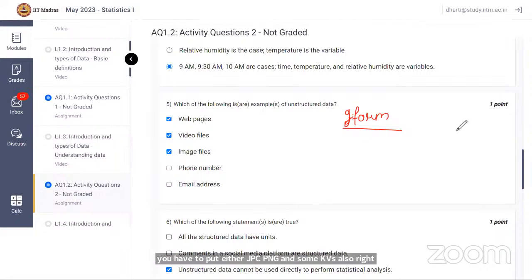Why is it so? Because they want it to be a structured thing. Have you ever come across a situation that your signature is not fitting inside that 50 KB or 100 KB limit? You have to fit that file into that form. Have you ever come across this kind of situation?